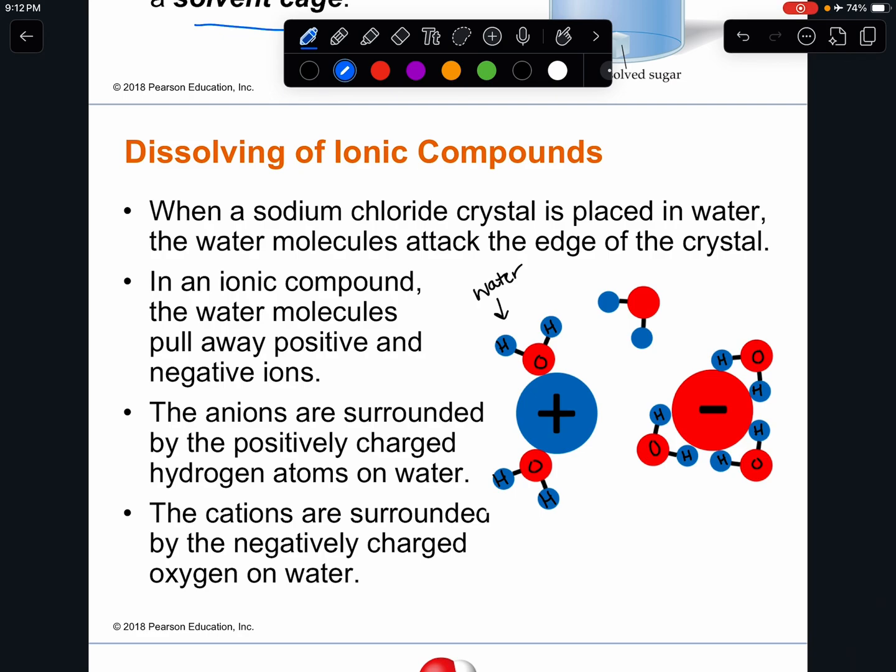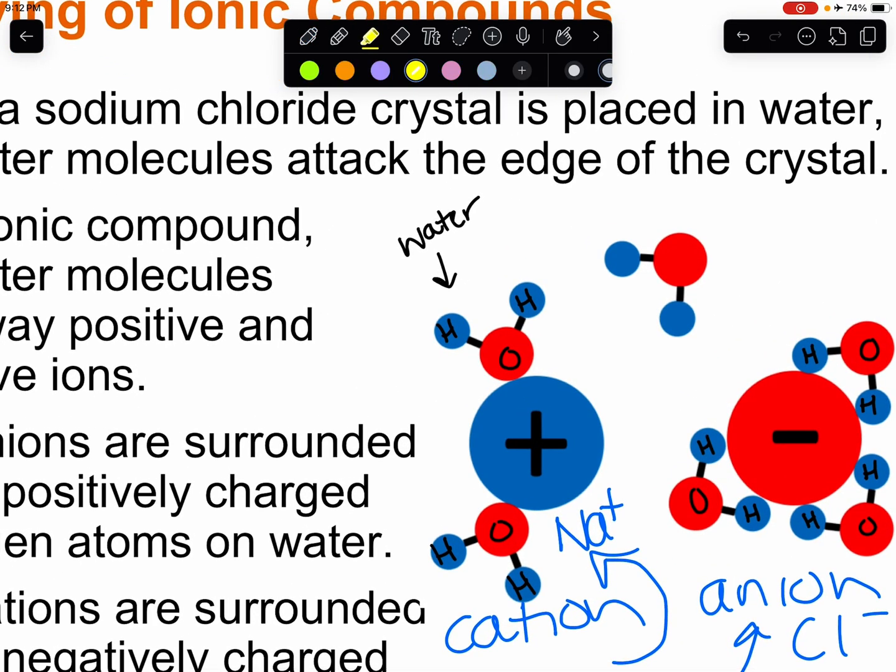Now, the dissolving of ionic compounds is very similar to the dissolving of any sort of solid, but we have to take into account the fact that ionic compounds break apart into a cation and an anion. So, for example, NaCl, which is an ionic compound, would break apart into the cation, which is Na+, and the anion, which is Cl-. You can see here the water molecules orient themselves a little bit differently when comparing the cation versus the anion.